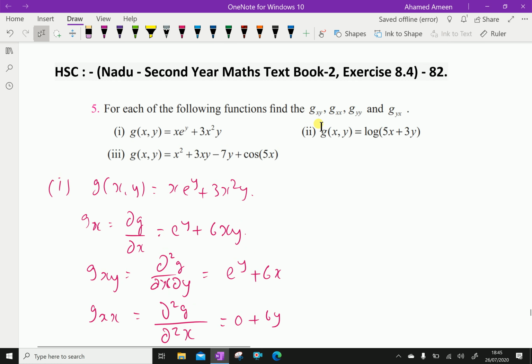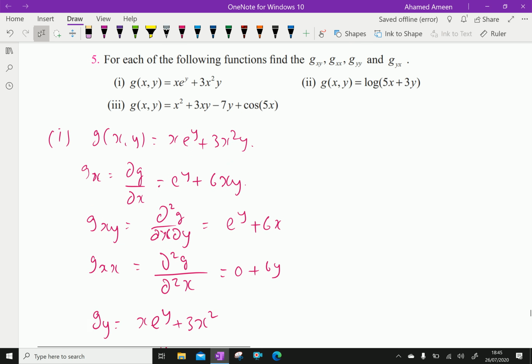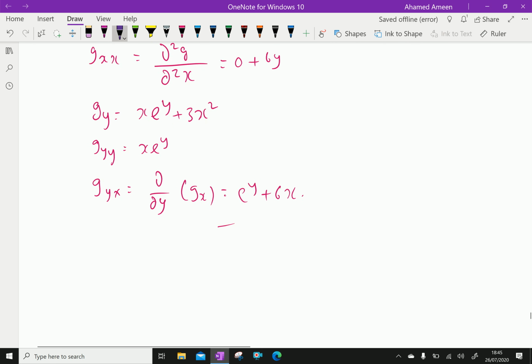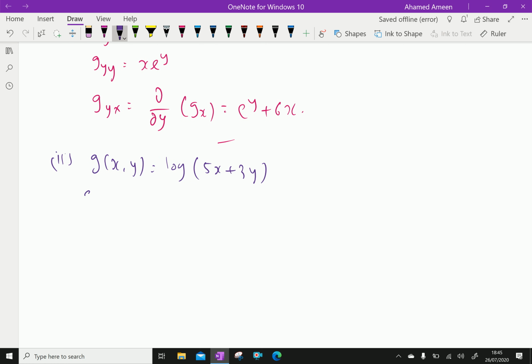Then the second one is g of xy is log of 5x plus 3y. First we have to find g of x. It is 1 over 5x plus 3y, and differentiation of 5x is 5, which is equal to 5 over 5x plus 3y.